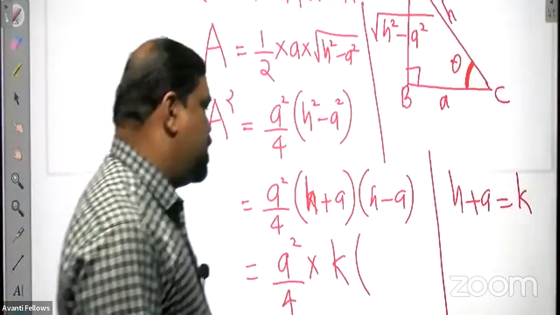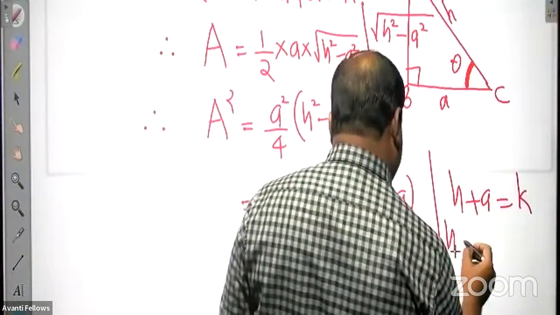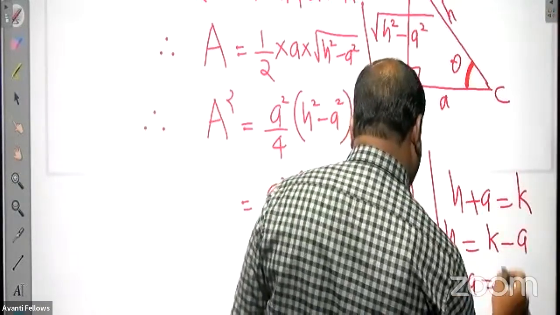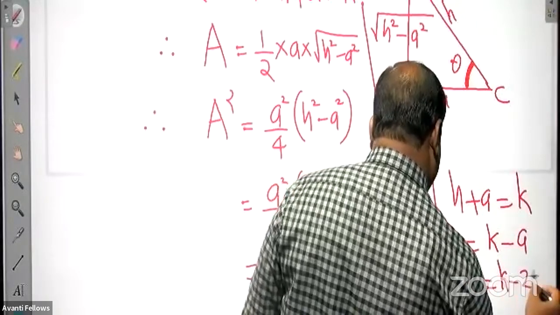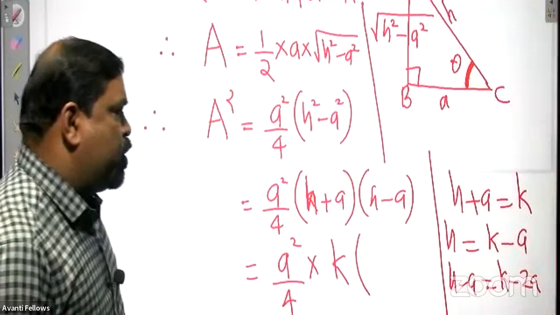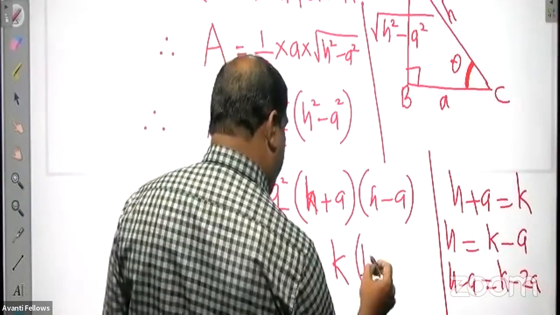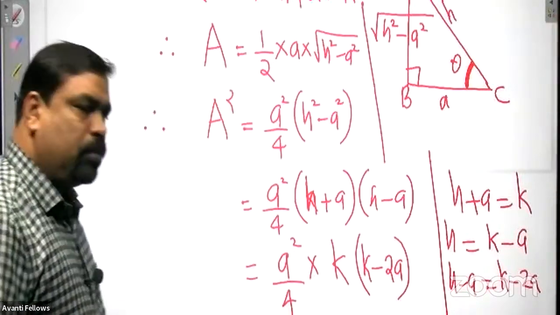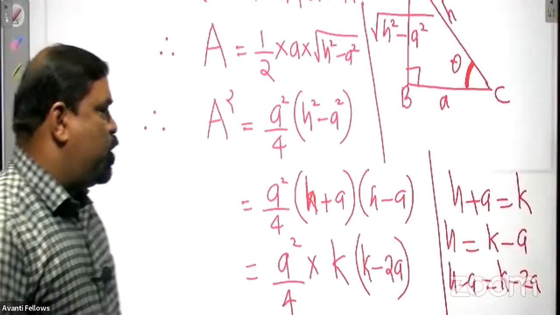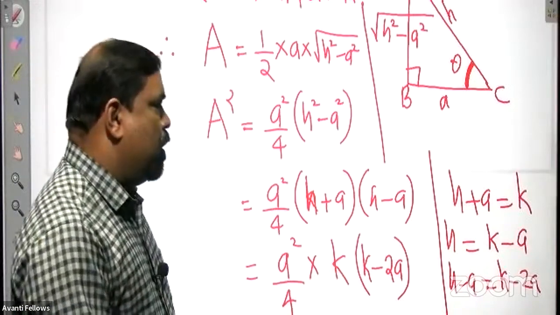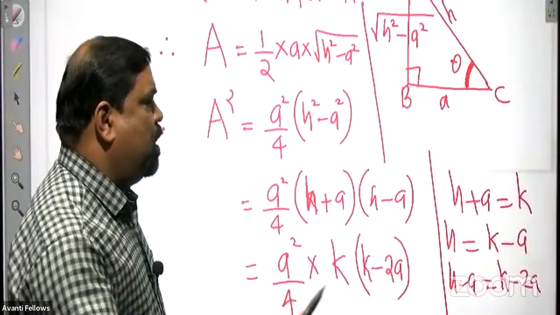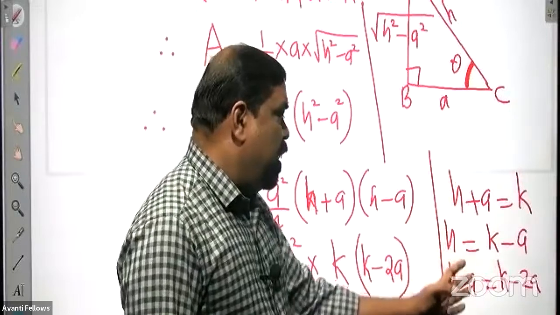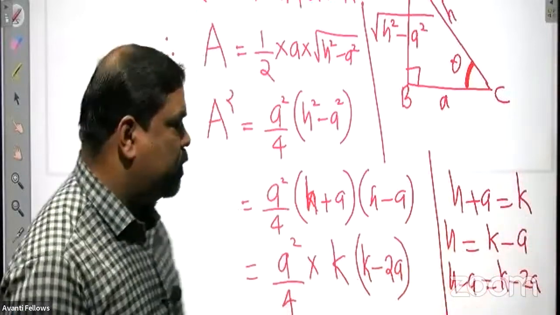H plus A is a constant, that means H is equal to K minus A. So H minus A is K minus A minus A, that is K minus 2A. So H minus A is equal to K minus 2A.